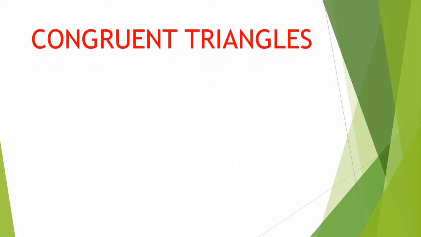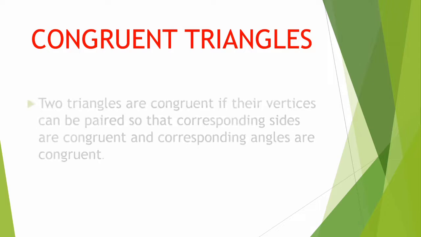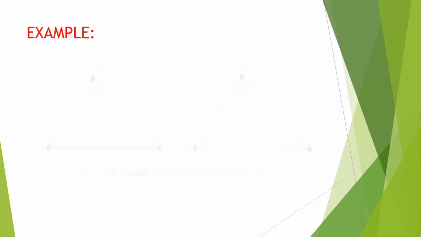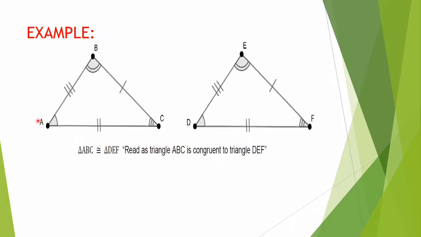So what are congruent triangles? Two triangles are congruent if their vertices can be paired so that corresponding sides are congruent and corresponding angles are congruent. Example, triangle ABC is congruent to triangle DEF.